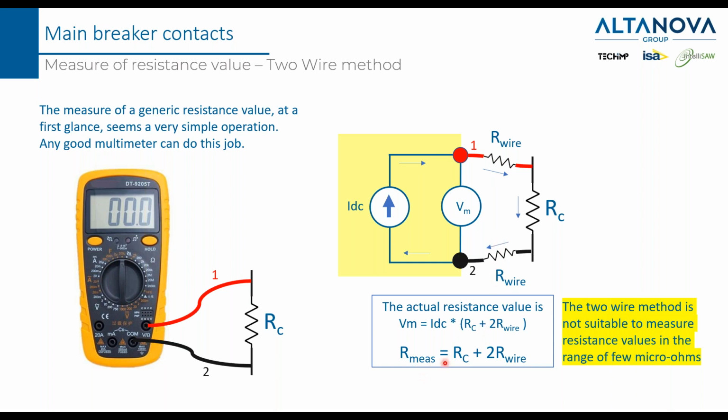And we can see from this formula that the total resistance is the contact resistance plus the resistance of the 2 wires. Even if you compensate this value, because you can say, if I know it before, I can subtract.